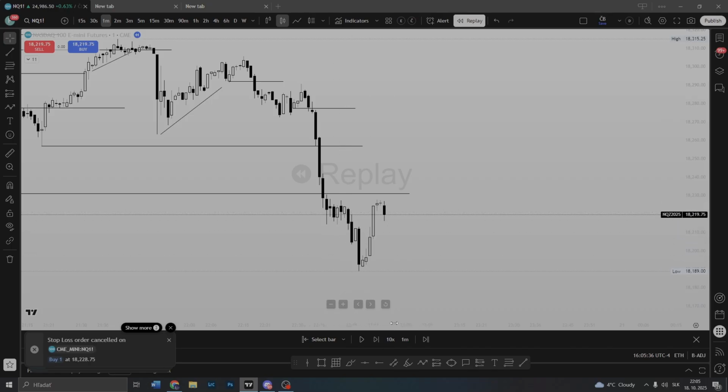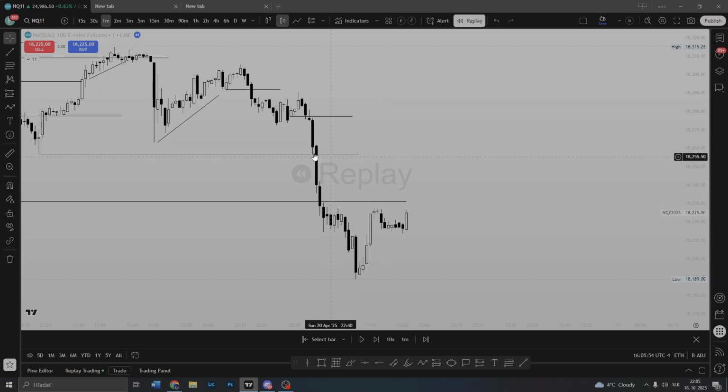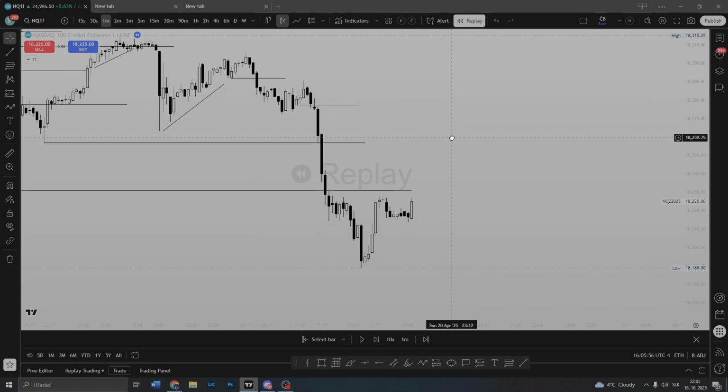We created CISD. I like this candle. If we get the next candle closing strongly above this 1053 candle, I will take a long, targeting the EQ and then possibly the highs. Small candle. No, that's not it.